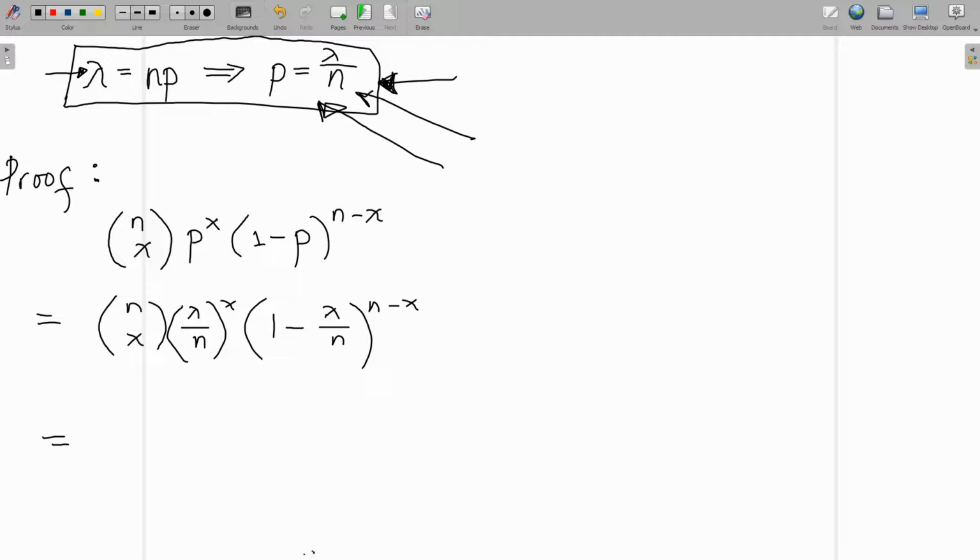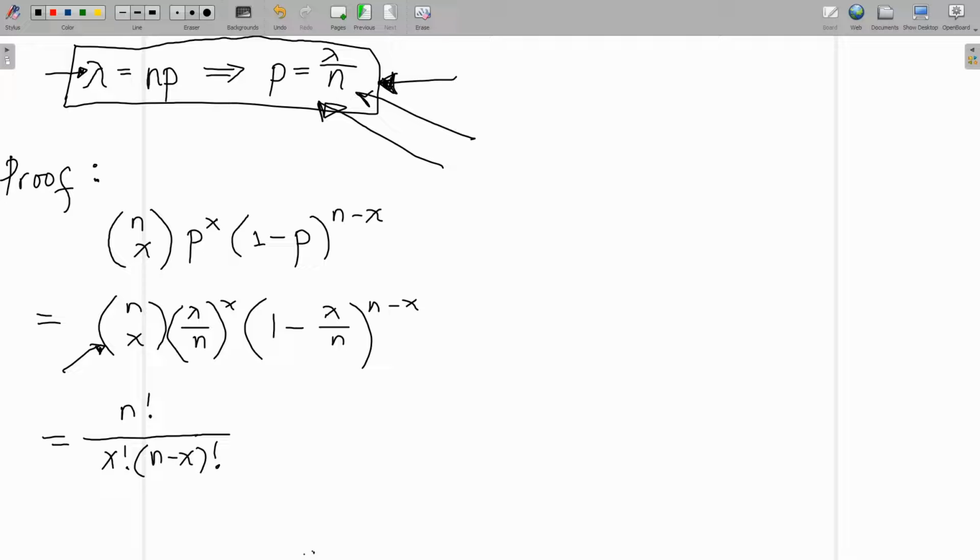Now, this is simply the combination of n objects taken x at a time. And we know the formula for this is n factorial over x factorial times n minus x factorial.